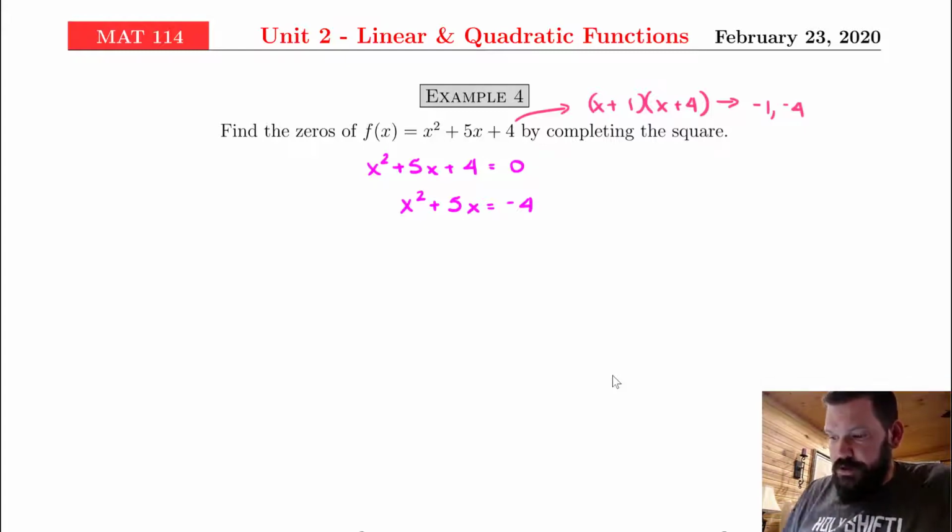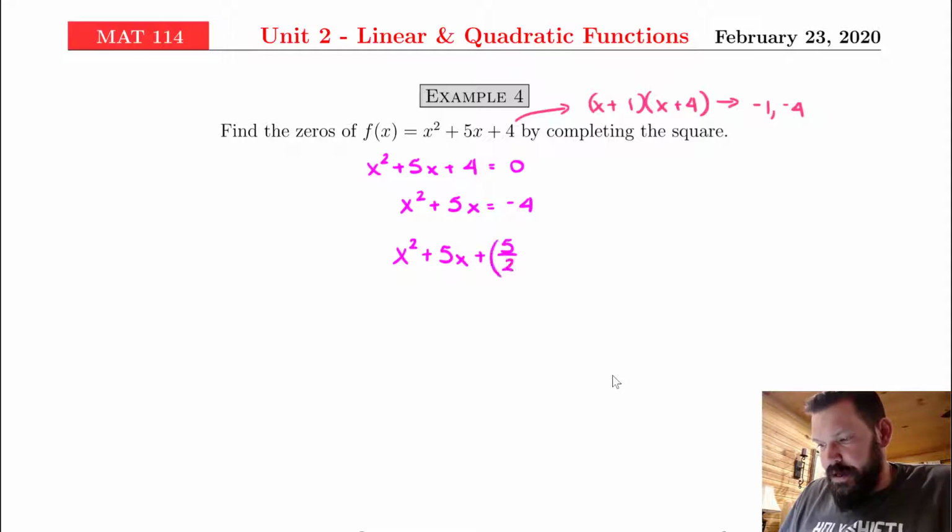So to complete the square, we take the linear term, which is the coefficient on x. In this case, it's 5. And we take 1/2 of that term, so 5 over 2, and we square it. And what we end up with is x squared plus 5x plus 25 over 4.